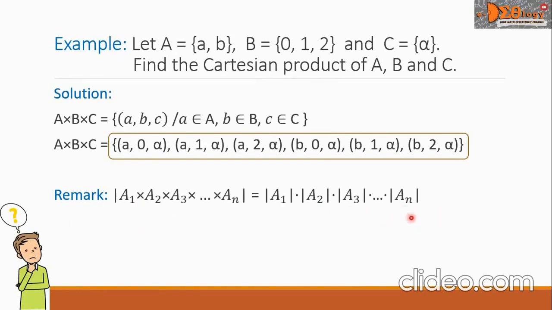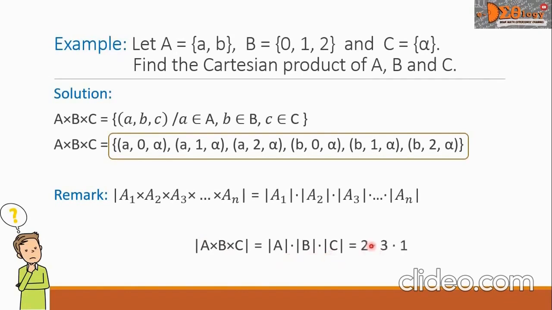Remember that cardinality means the number of elements in a set. In our example here, the cardinality of A times B times C equals cardinality of A times cardinality of B times cardinality of C.